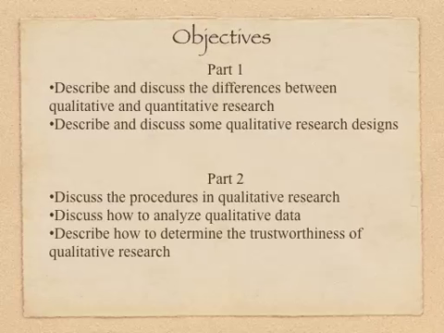In part two, we're going to look more at the procedures in qualitative research, as well as the analysis of the data, the collecting of it, how to sort it and categorize it. And then you're also going to describe how to determine the trustworthiness of qualitative research, which for me, some of those things were very different from what I had been studying with quantitative in the classwork up to this point.